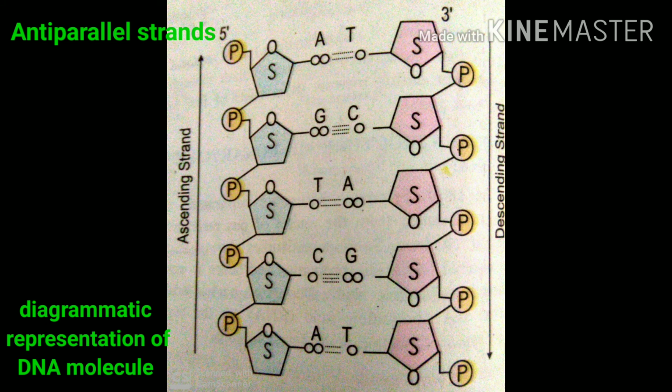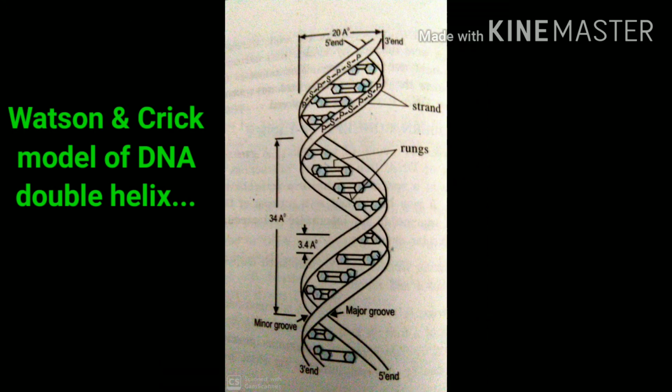So friends, this arrangement of two DNA strands is referred to as anti-parallel because the two strands run in opposite directions. The 5' end of one strand is always close to the 3' end of the other strand. These are all some salient features of the DNA double helix.